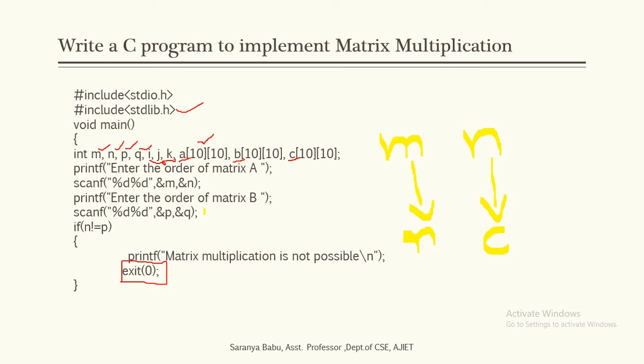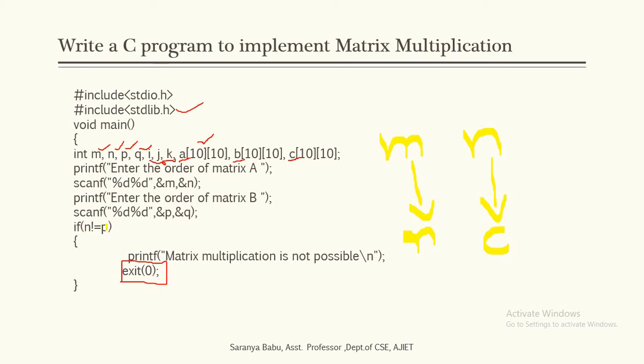Next, similarly, we are asking the user to enter the order of the matrix B, which is stored in the variables p and q. And here the major condition to be checked to perform the matrix multiplication is that n should be equal to p. Here we are checking whether n is not equal to p.